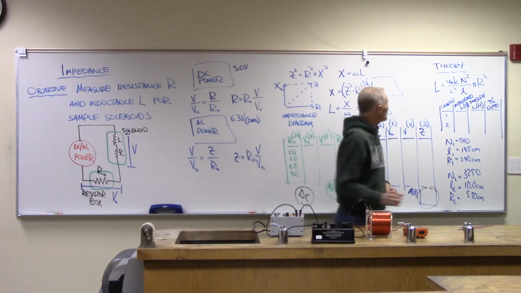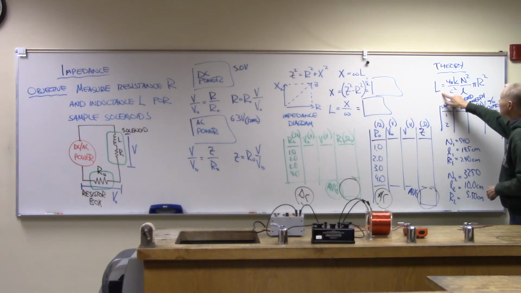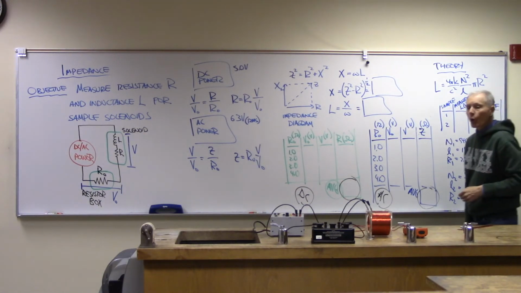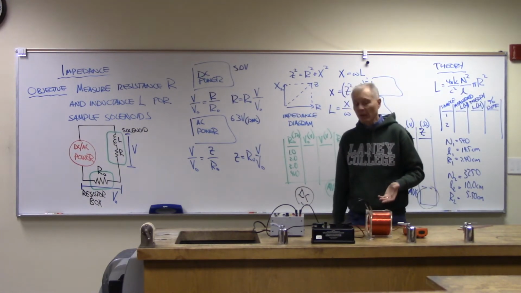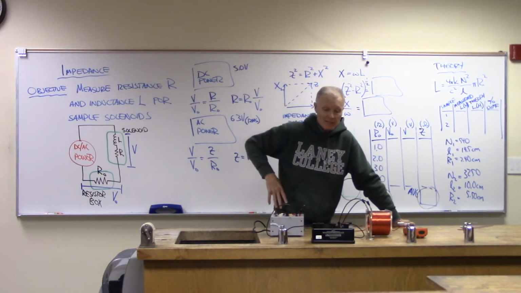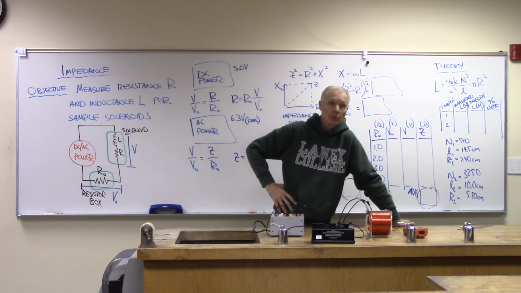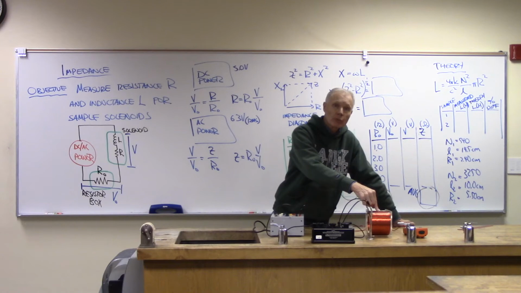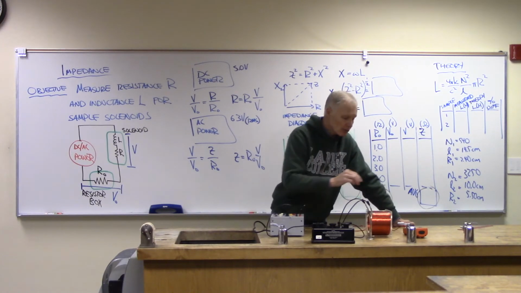So it's going to have a much higher inductance, and that contributes to the impedance. I've got to plan for that with my resistor box. Maybe it has to get set to 400, 500, 600, 800 in order to do the measurements for the much larger solenoid.